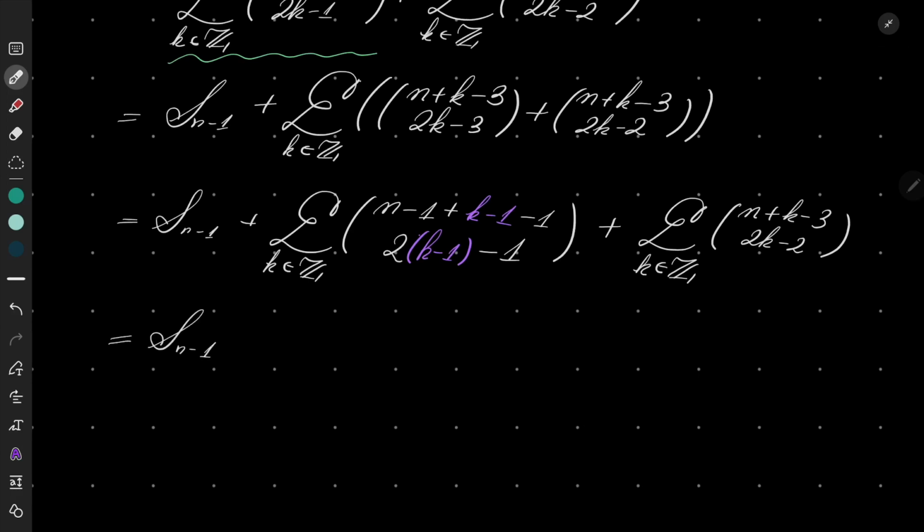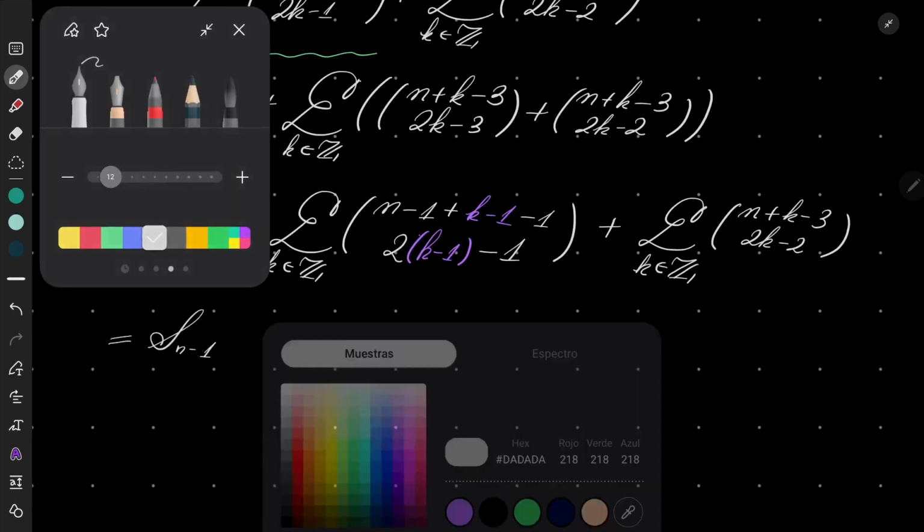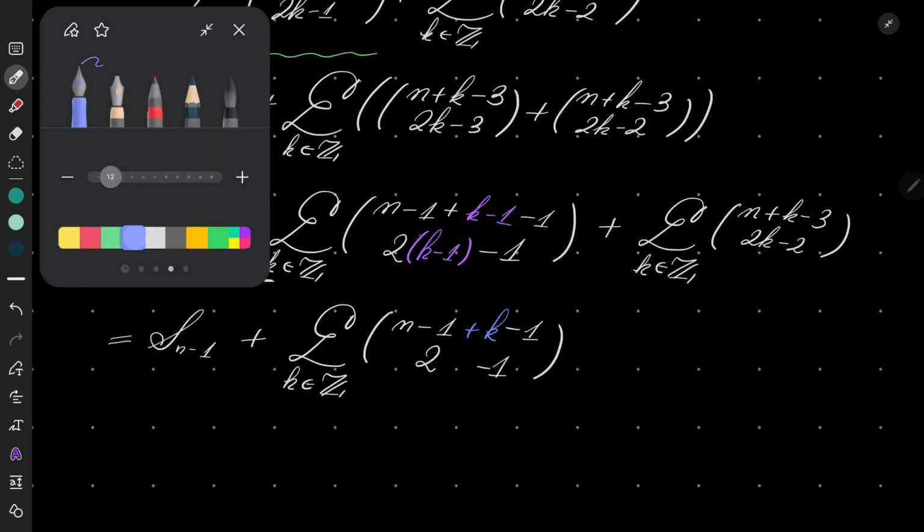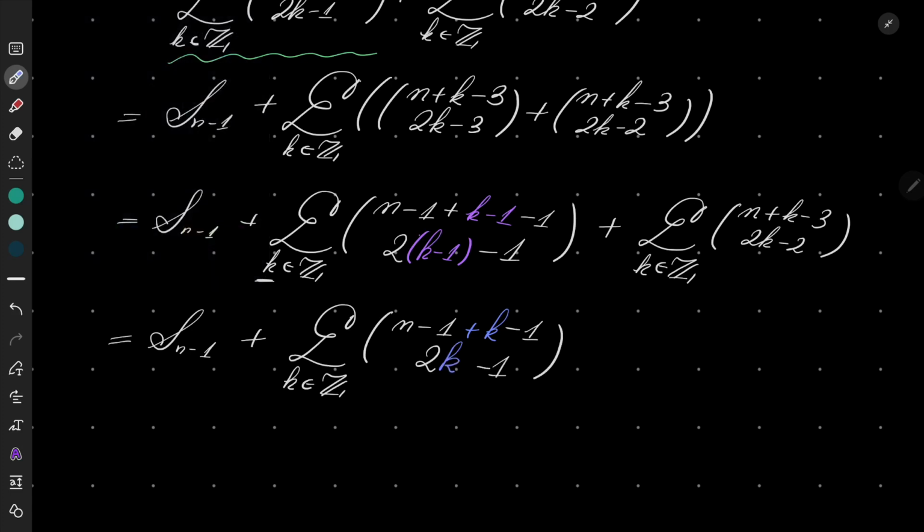And now let's notice that simply by shifting our index of summation in our first sum, changing k to k plus 1, we will get a sum also over all integers, (n minus k, n minus 1 plus k minus 1, 2 times k minus 1).